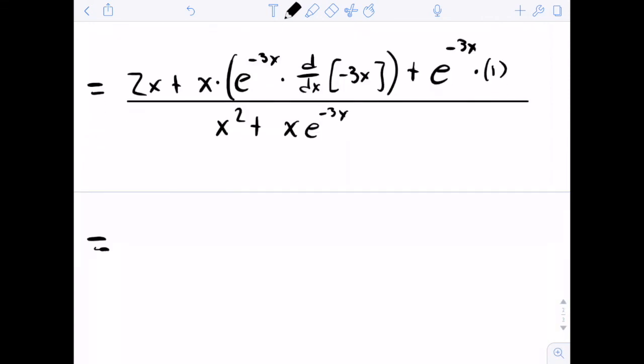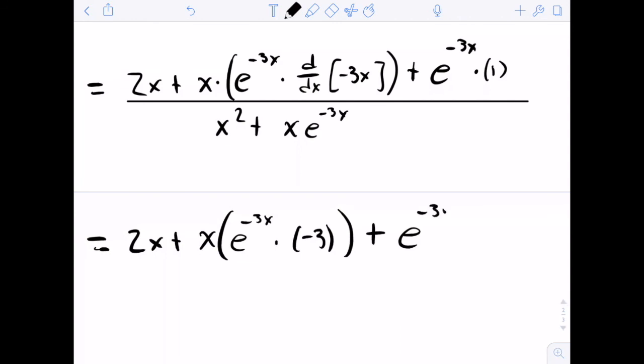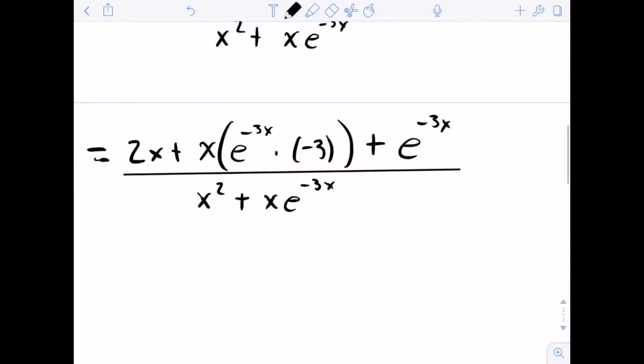Let's simplify this a little bit. This is 2x plus x times e to the negative 3x times the derivative of negative 3x, which is just negative 3, plus e to the negative 3x, all divided by x squared plus x times e to the negative 3x.